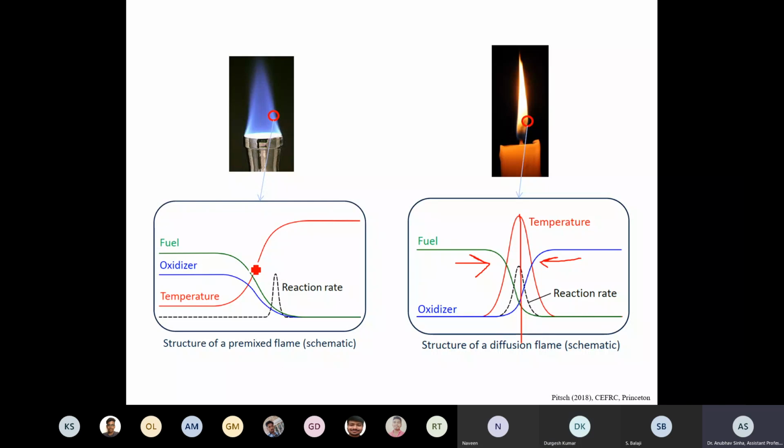It is actually partially premixed, but it is closer to a premixed flame. The temperature is high near this region, near the surface. When you do cooking, the flame is hitting your vessel, whatever pan you have. So the high temperature is hitting your cooking pot, and that should not have a problem.